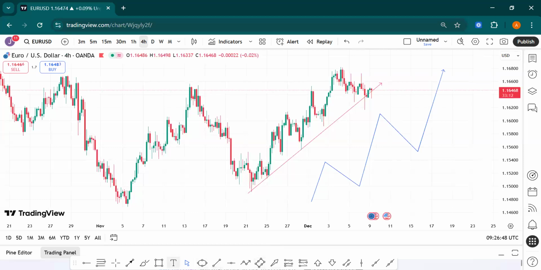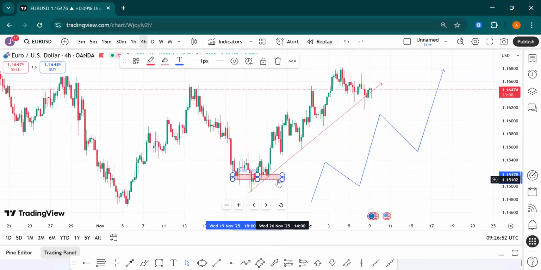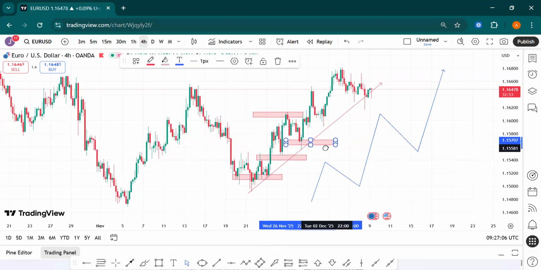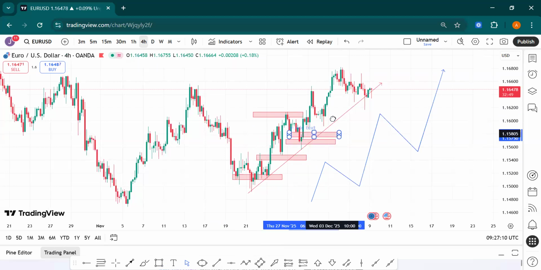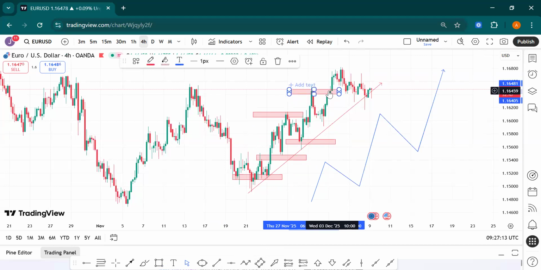So your challenge now will be to recognize the major lows and the major highs. So I can take this as my low. It gave me a high, and then it went on to give me a higher high. This high ended up giving me what? Higher low. And then this higher low gave me a higher high.